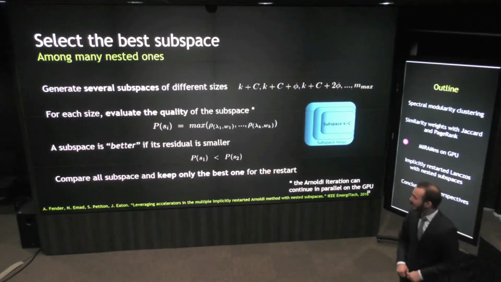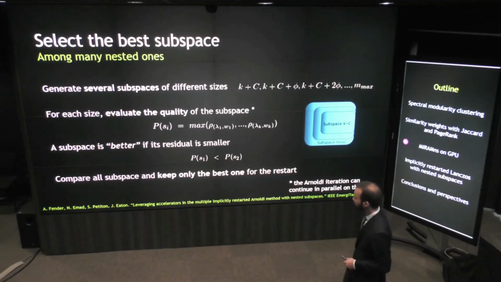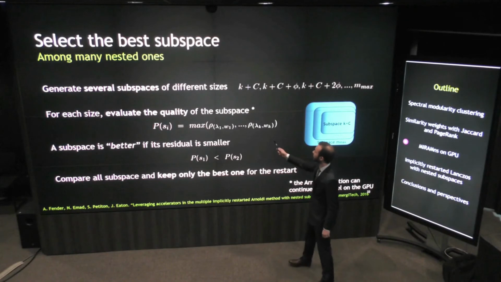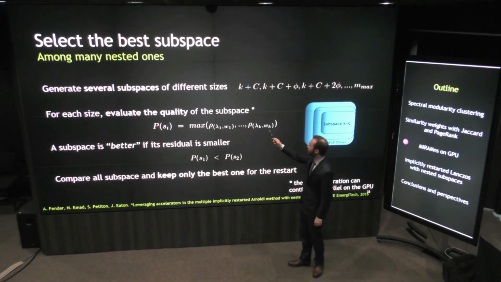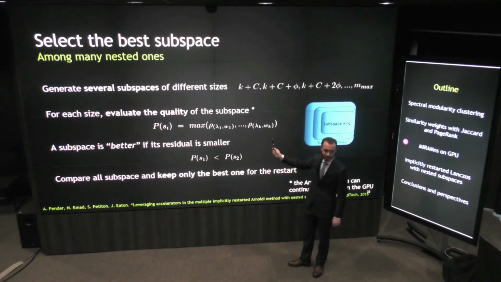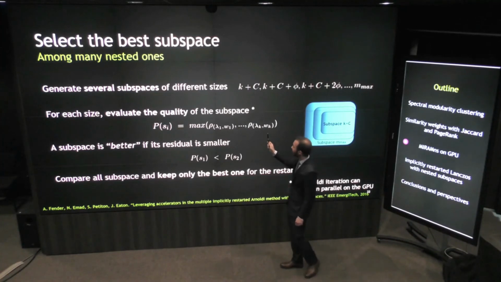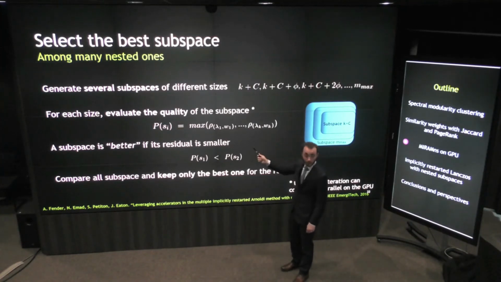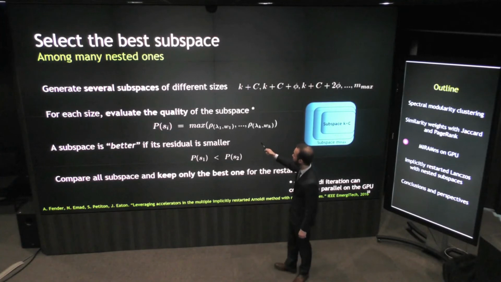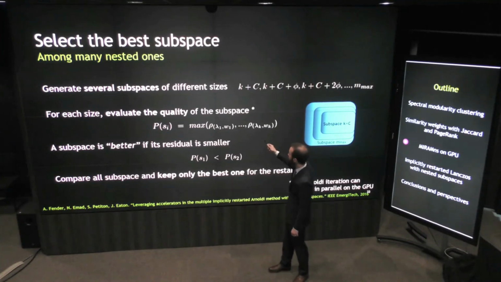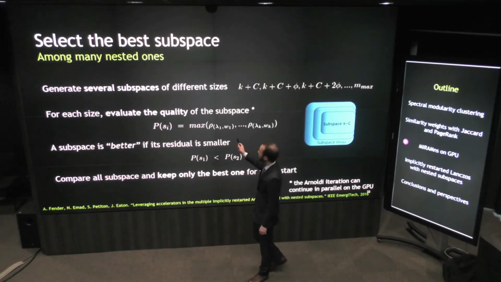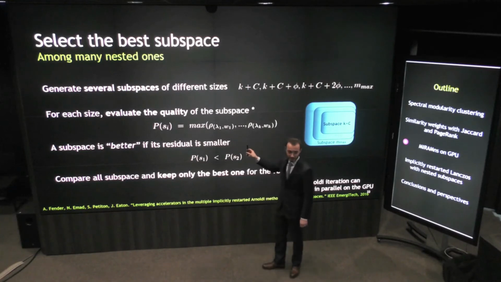So basically, when we have a subspace, we have multiple eigenpairs. So that would be those guys. Lambda is the eigenvalue, and the W here are the eigenvectors. For each one of them, we approximate the residual using the Ritz estimate approximation of the residual. Then we take the maximum of all those eigenvectors.